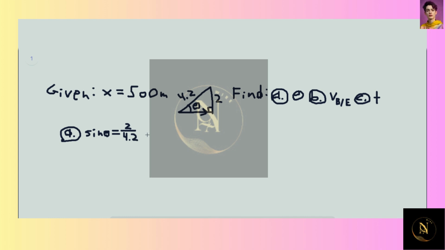Okay. And now we can solve for theta. So theta is going to be equal to inverse sine of 2 over 4.2.